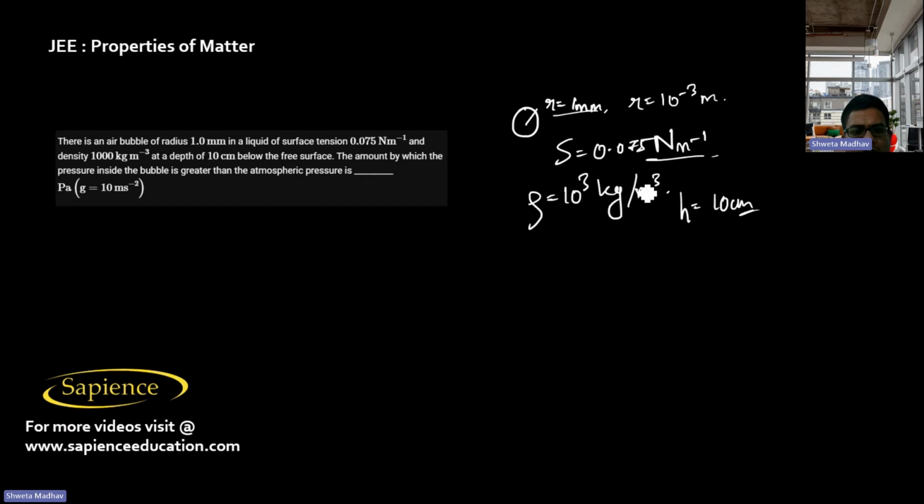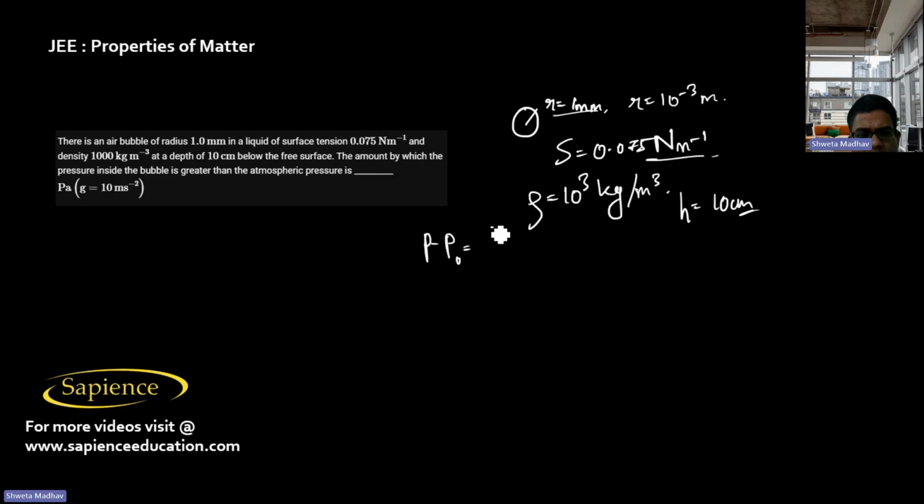And the amount by which the pressure inside the bubble is greater than the atmospheric pressure is? Then the amount by which the pressure inside the bubble is greater than the atmospheric pressure.